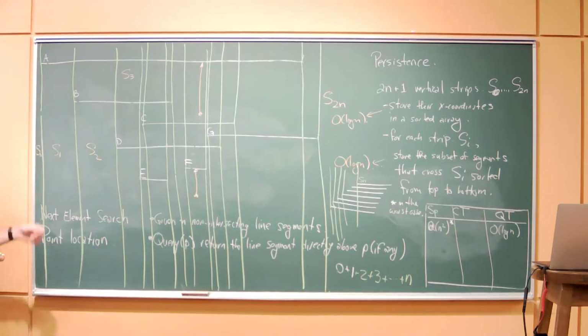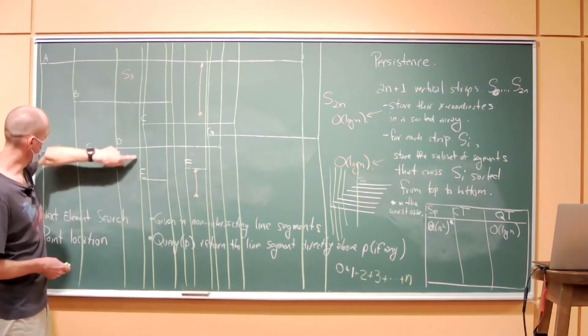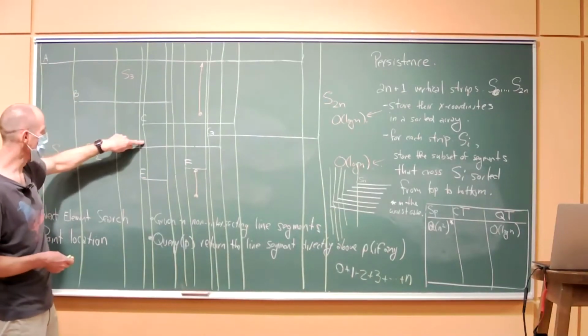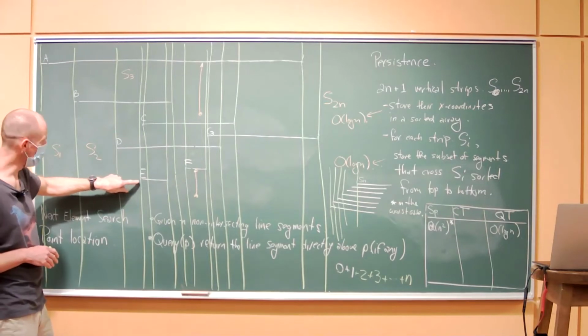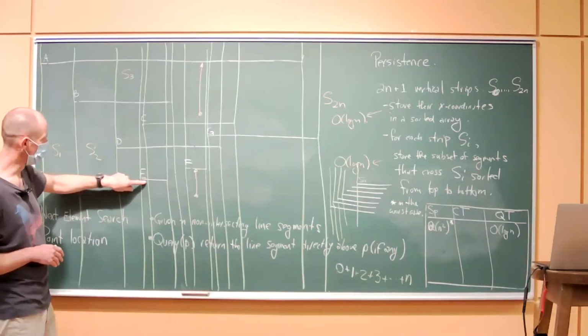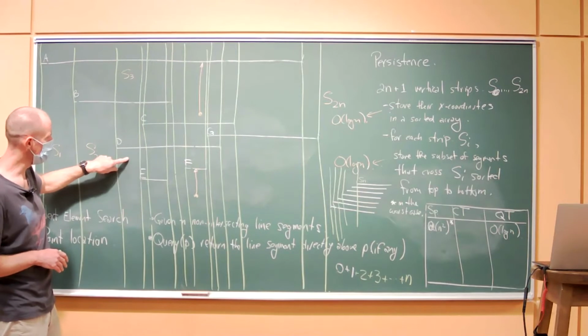And more generally, if I already know what's intersecting some strip like this strip S3, then the next strip over differs by exactly 1 segment. Either the next strip begins a new segment, in which case there's one more segment that intersects S4 in this example than there does S3.